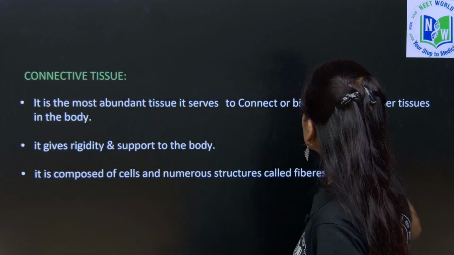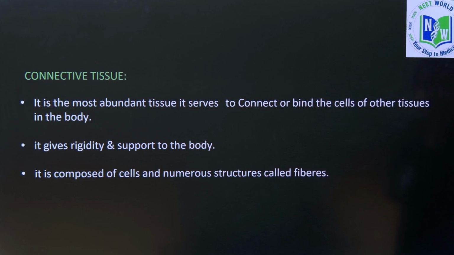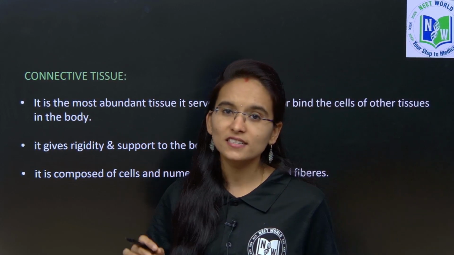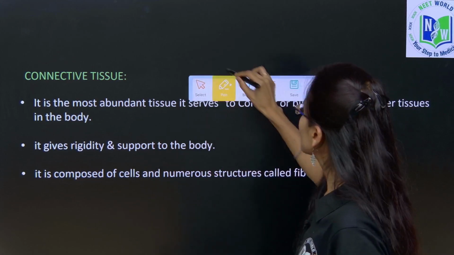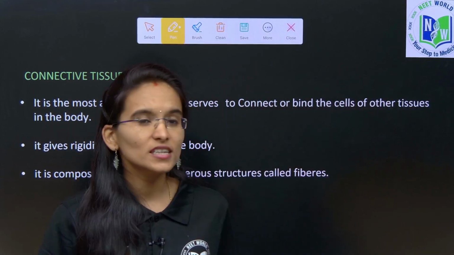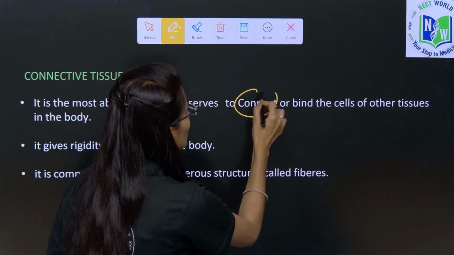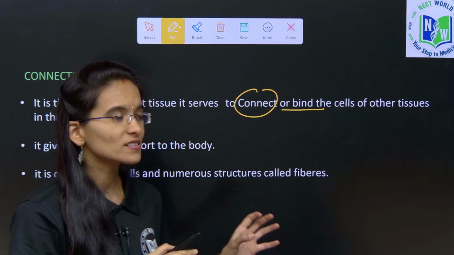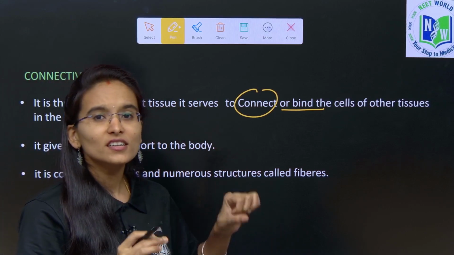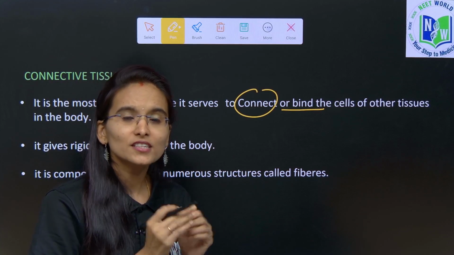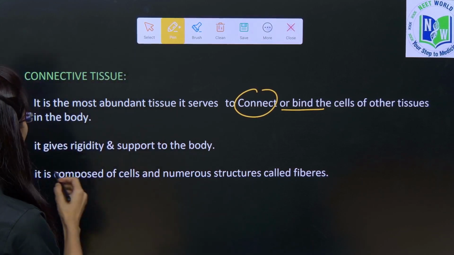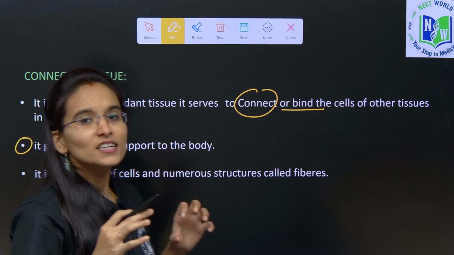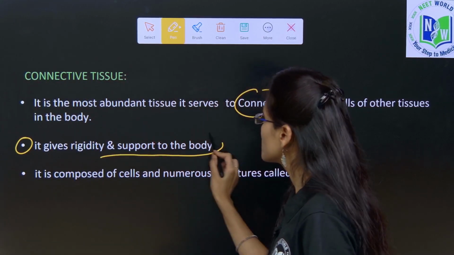Connective tissue is the most abundant tissue in our body, and its main function is to connect or bind the cells of other tissues with other body parts, and due to this it gives rigidity and support to the body.